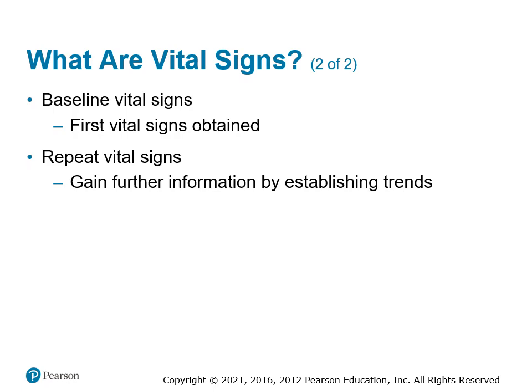So vital signs are considered baseline, which is our first set of vitals, or a repeat set of vital signs. And this is where we tend to trend our vitals. In a stable patient, you would take vital signs every 15 minutes. In an unstable patient, you would take vital signs every 5 minutes.